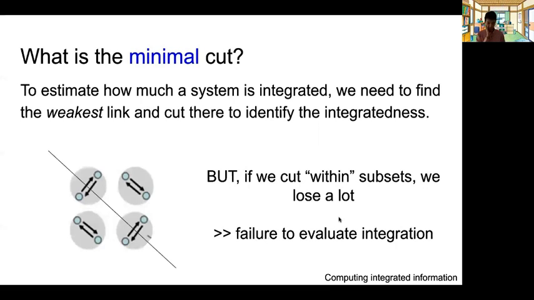However, to conclude this, we need to cut carefully, after identifying the weakest link first. For example, if we cut the system along this diagonal line and replace the cut parts with noise, then we do lose some intrinsic information. This is the reason why we need to find the minimum cut, and the system's integrated information is always evaluated at the minimum cut, or weakest link.